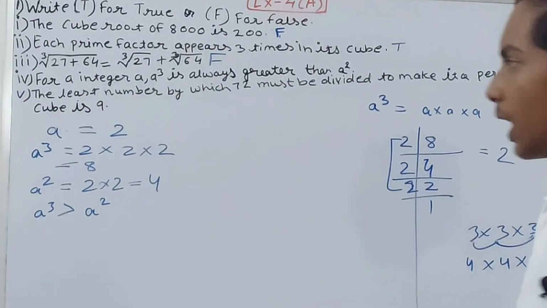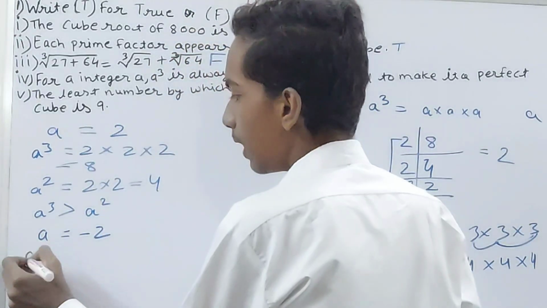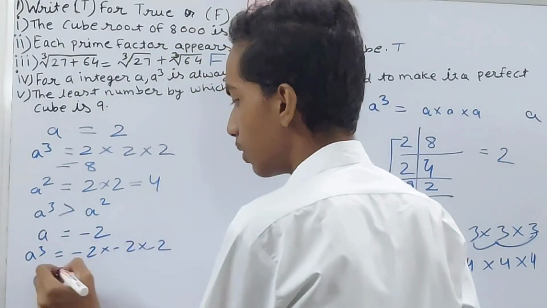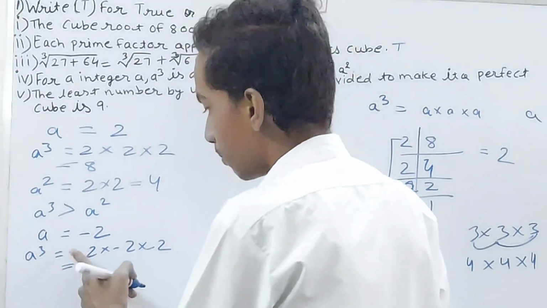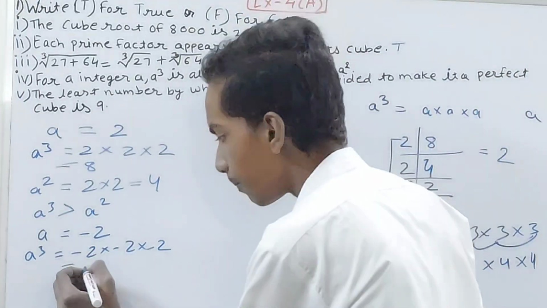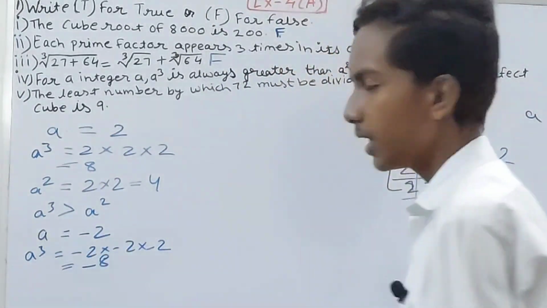So if I now take the value of a as -2, then a cube will become minus 2 into minus 2 into minus 2, which is: minus into minus into minus, that is a minus sign. 2 into 2 into 2 is 8, so minus 8.